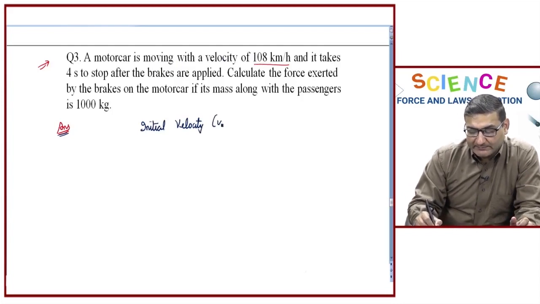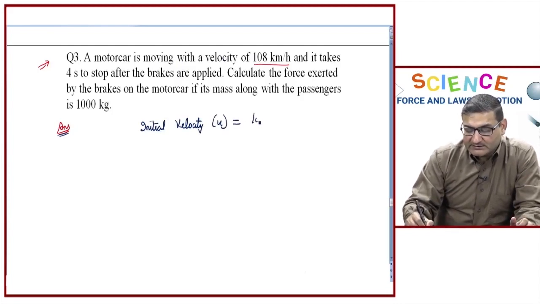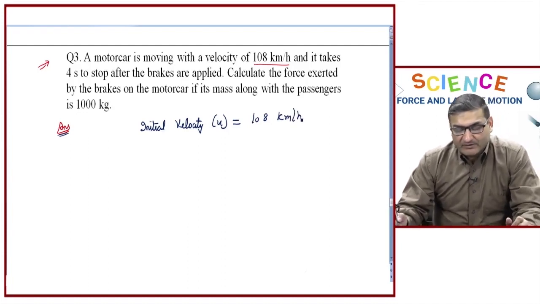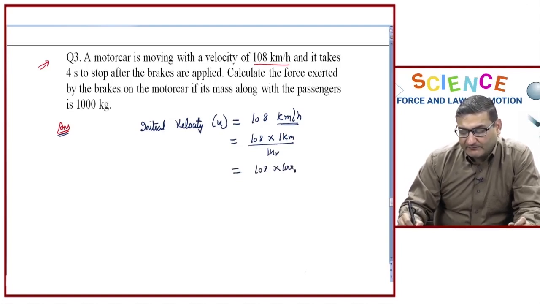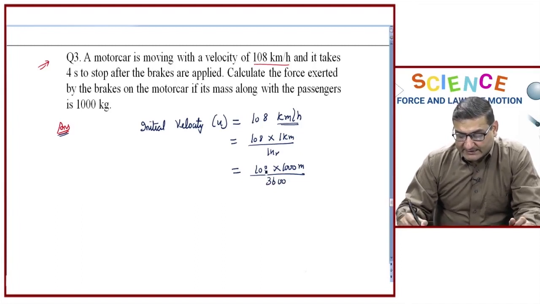This is represented by small u, this is given to be 108 kilometer per hour. We need to convert this unit, which comes out to be 108 multiplied by, written as 1 kilometer divided by 1 hour, right, or 108 multiplied by, we know that in 1 kilometer there are 1000 meters, divided by 3600 seconds, because in 1 hour there are 3600 seconds.